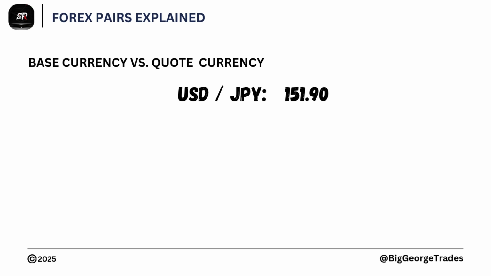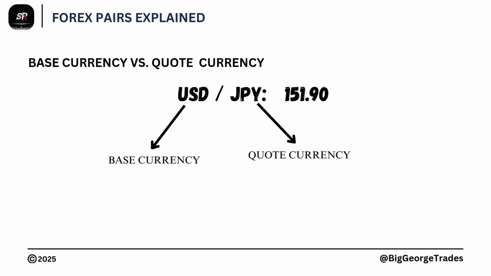Let me take the slide and explain to you more. So let's say we have the USD JPY at a price of 151.90. Here the USD, the US dollar, is the base currency, and the Japanese yen, the JPY, is the quote or the counter currency. This is how we break it down.